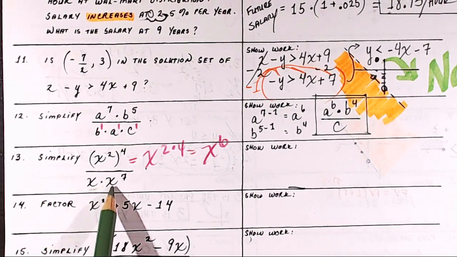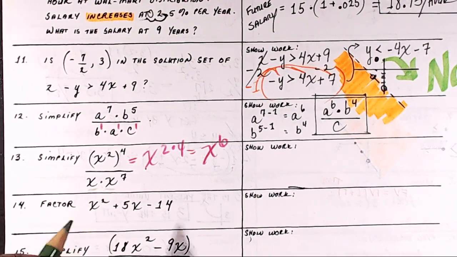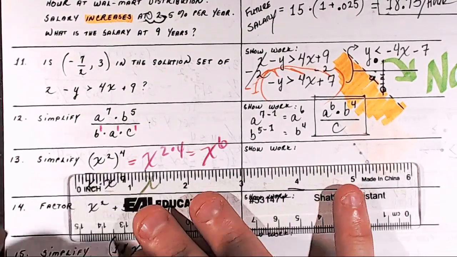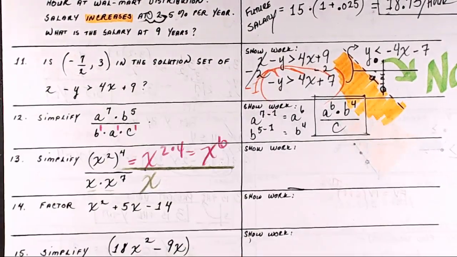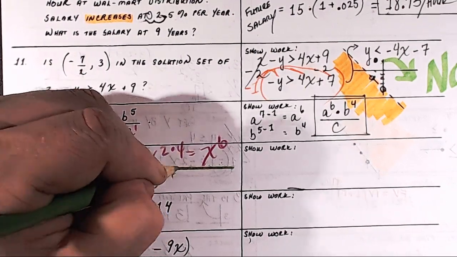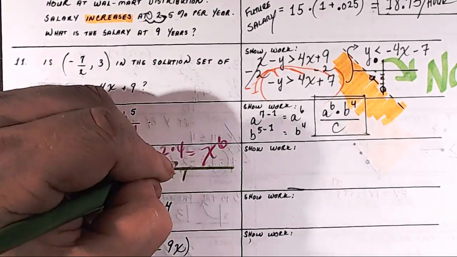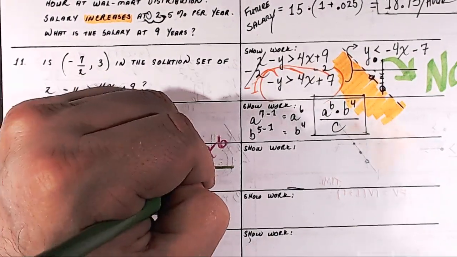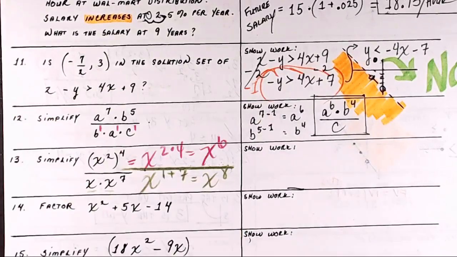So when you have bases that are the same, you add the exponents. So I've got x to the 1 plus 7. Okay, 1 plus 7 is x to the 8.